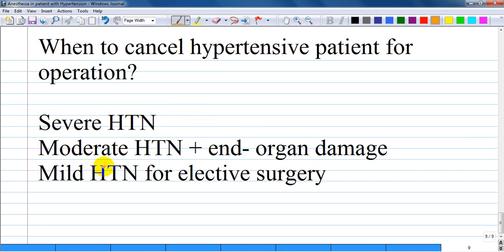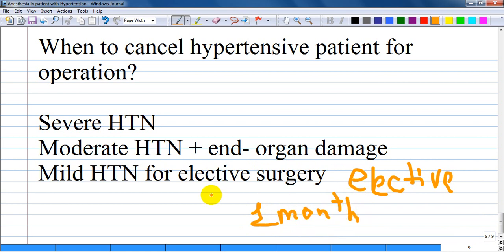If the patient has moderate hypertension and end organ damage but is going for elective surgery, you can postpone, give treatment, or readdress the patient to a cardiologist or internal medicine doctor, and after 1 month of treatment that is working, the patient comes back and you make a schedule for the operation. If the patient has mild hypertension but has elective surgery, you do the same thing.